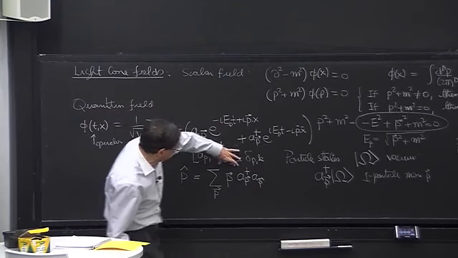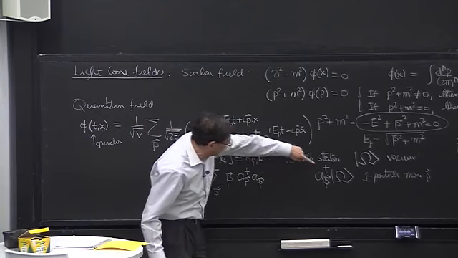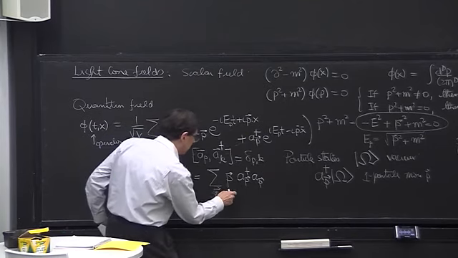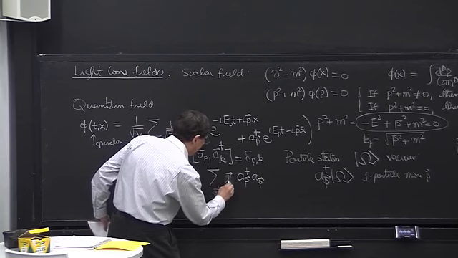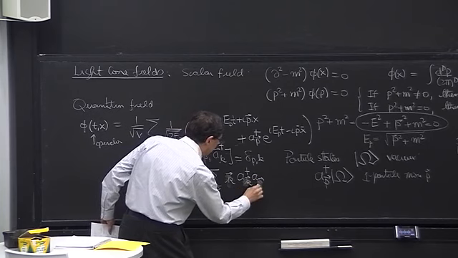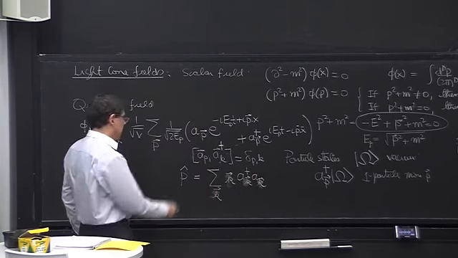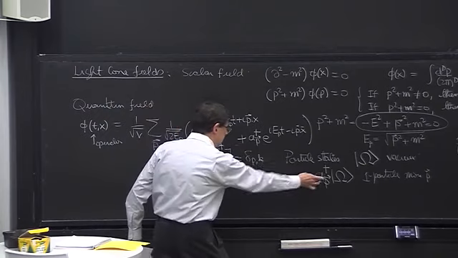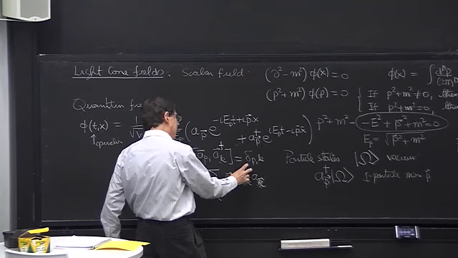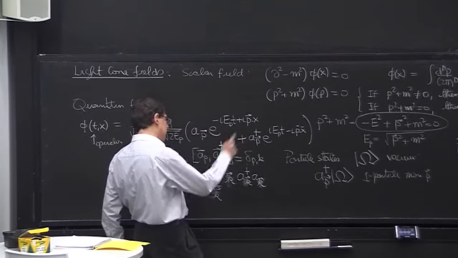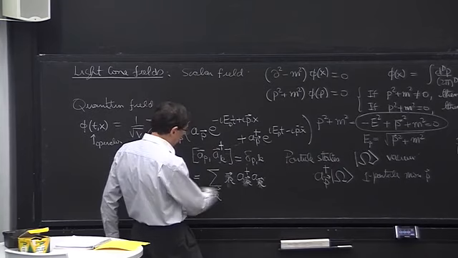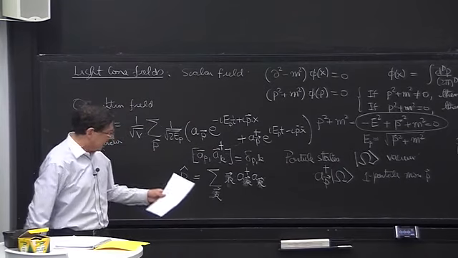If you act with this on this state, you pick up a Kronecker delta of K and P, then you get the same A dagger acting on this, the same state, and it will be an eigenstate with momentum P. So this operator still exists and makes sense.